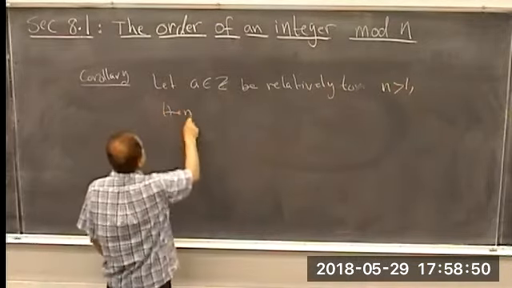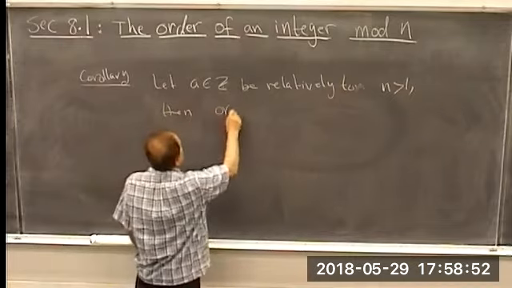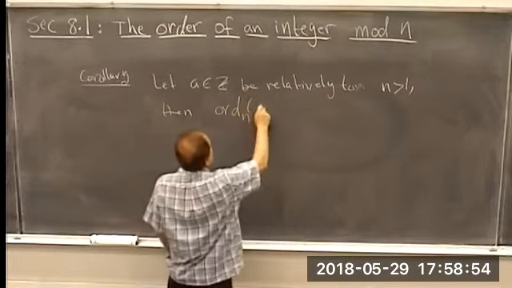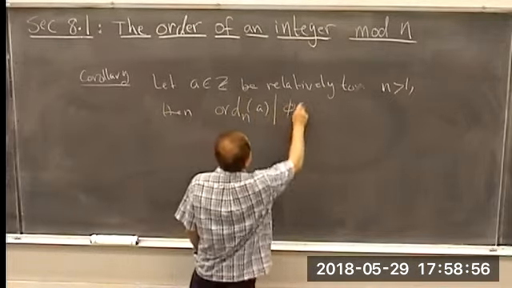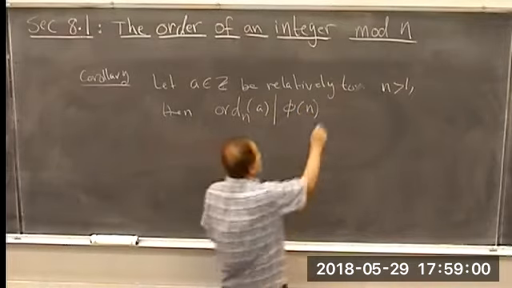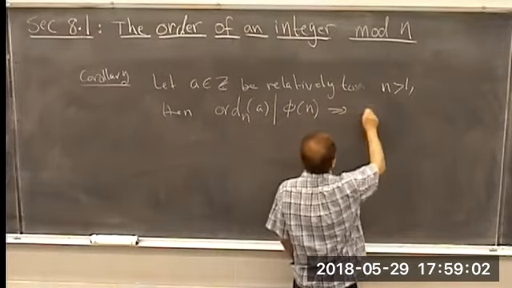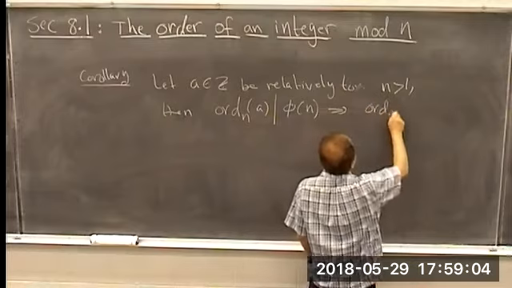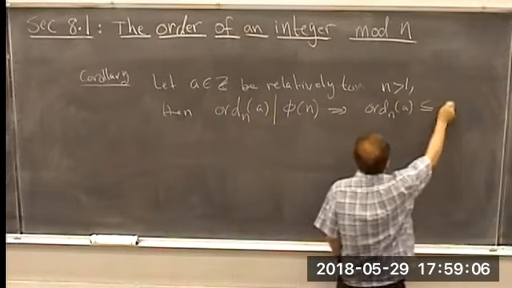Then the order of A divides phi of n. All right, and also this implies that the order is less than or equal to phi of n.